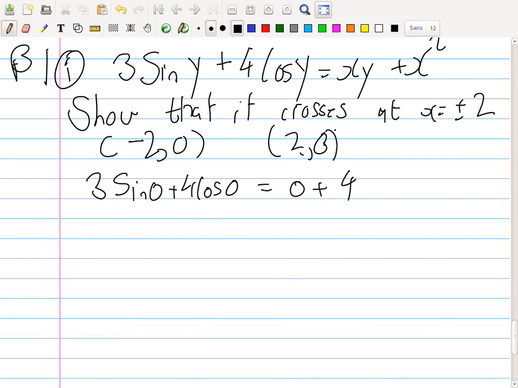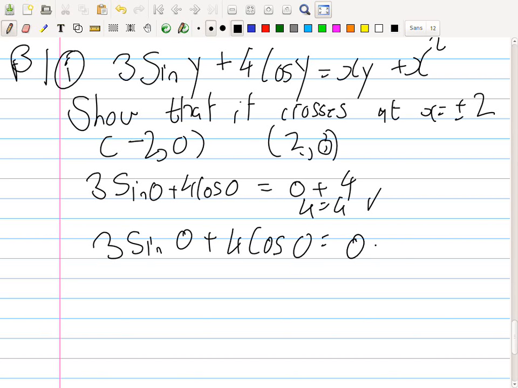When you substitute in the first point, you see on the left you get 4, and on the right you get 4. You get 4 equals 4, so it's true. And then I'll put this one in. 3 sine 0 plus 4 cos 0 equals 0 plus 4. I get 4 equals 4 again. So that's 2 marks.